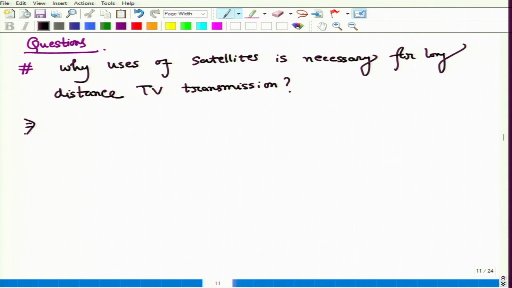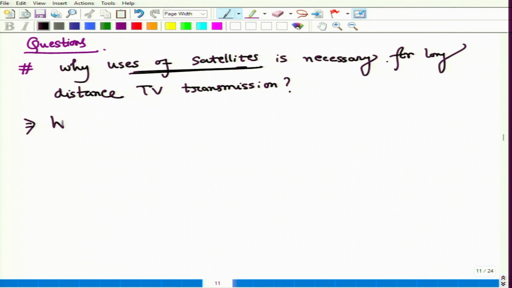The answer is waves of very high frequency are necessary for long distance TV transmission, because they should travel through the ionosphere, and for that we need high frequency. That's why we need the use of satellites.